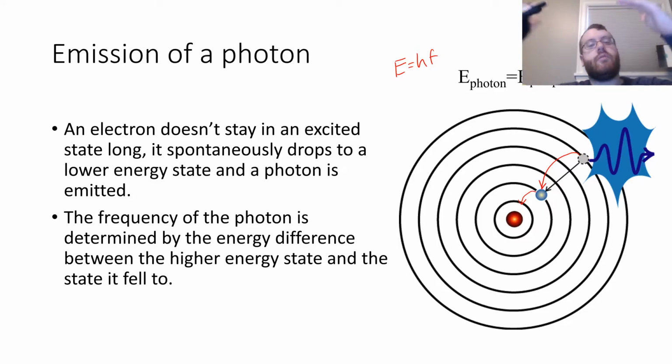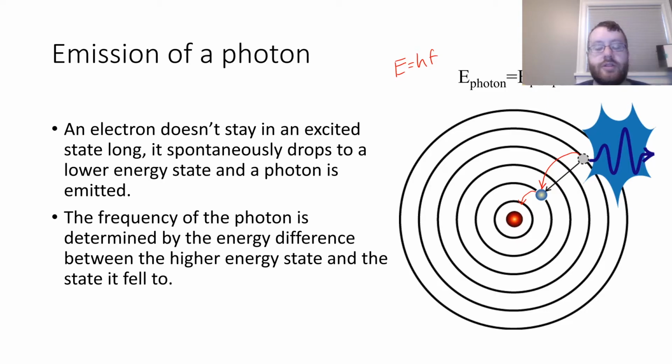So it doesn't always go from the top down to the bottom. Sometimes it has steps in between, which is why you can get a wide variety of photons created from an excited hydrogen. So again, the frequency of the photon is based off the energy.